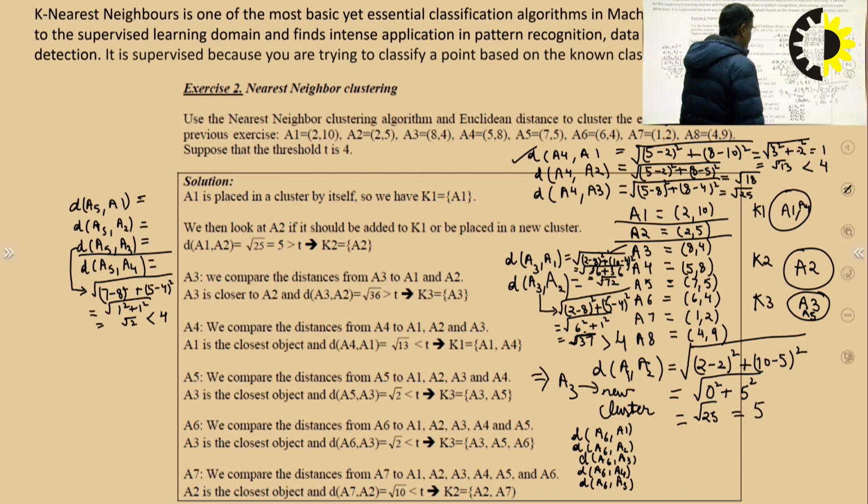So these 5 Euclidean distances will be calculated.